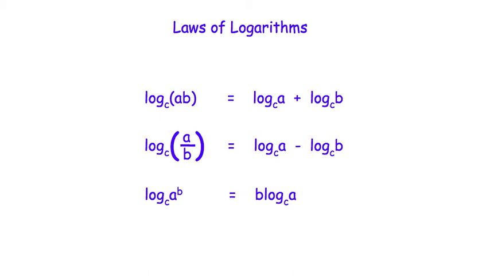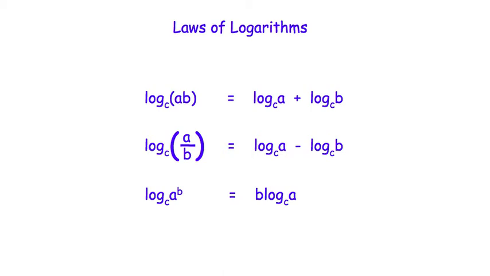Now let's look at the laws of logarithms. These are easily proved from the laws of indices, but I won't do so here. All these logs are taken to some base I'm calling c. If we have the log of a times b, it's equivalent to the log of a plus the log of b. If we want the log of a divided by b, it's the log of a minus the log of b.